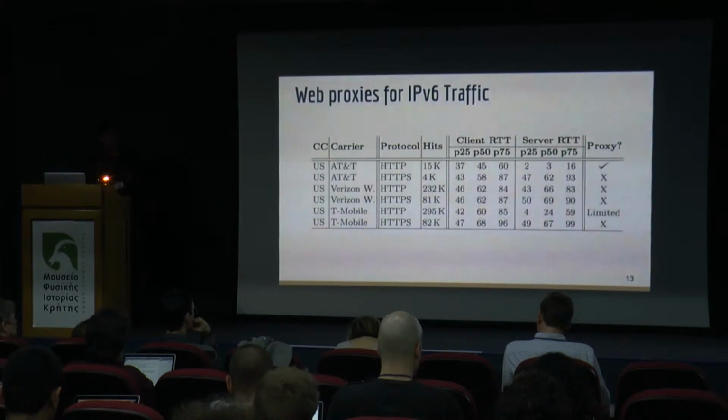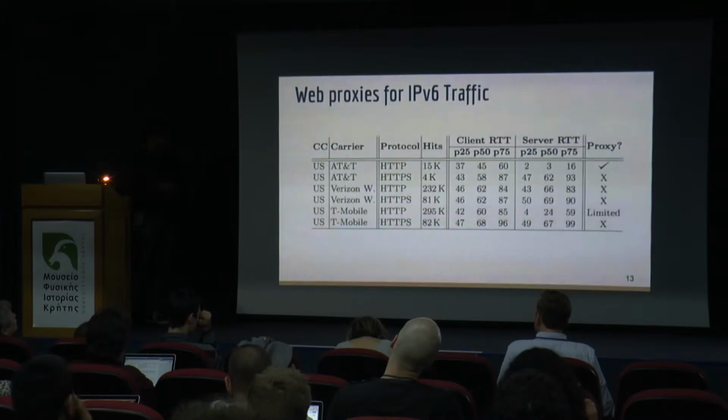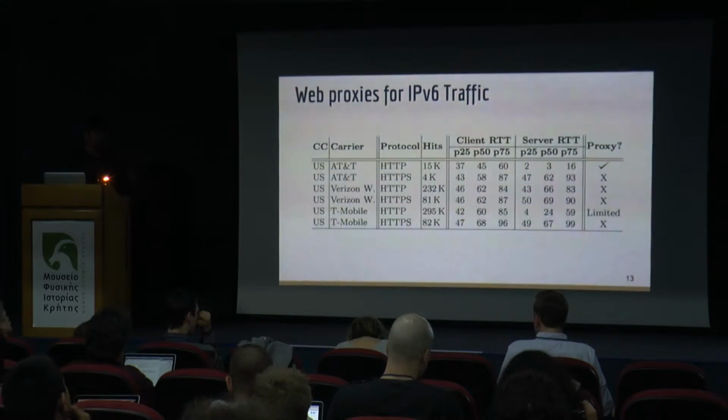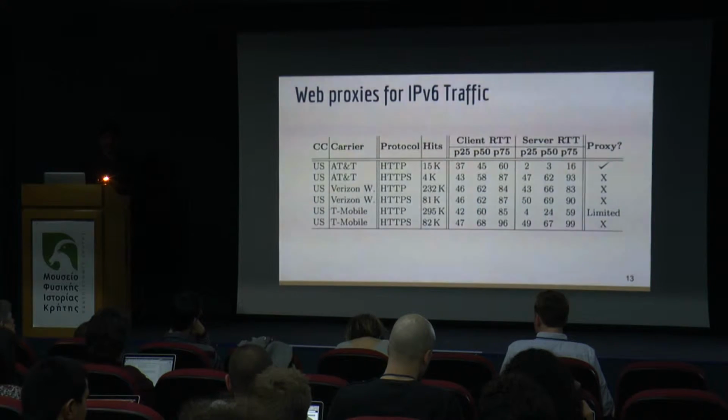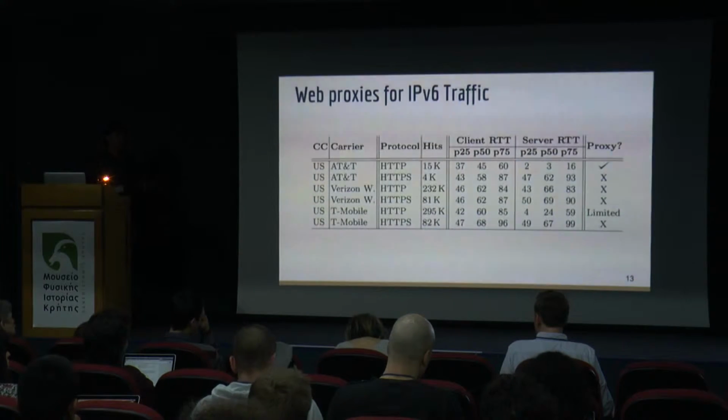Next, we wanted to understand whether these proxies exist in IPv6 infrastructure deployed by different ISPs. At the time this study was conducted, we were only able to see high traffic from these 3 major cellular carriers in the US. In the IPv4 data, we found that Verizon Wireless has a proxy that splits IPv4 HTTP connections.